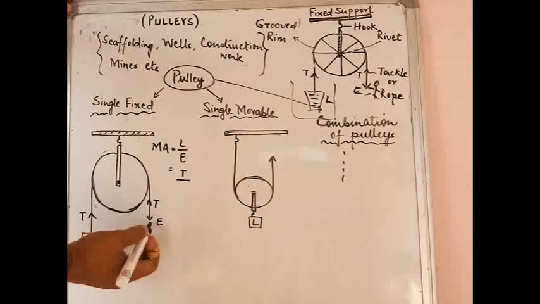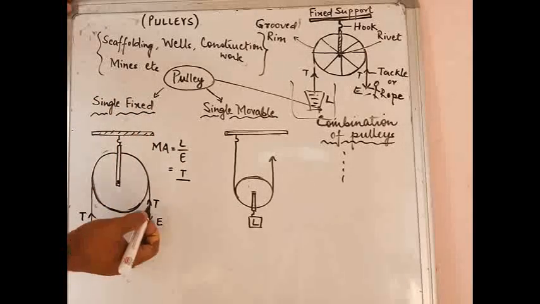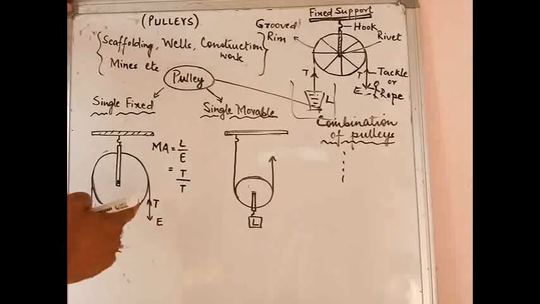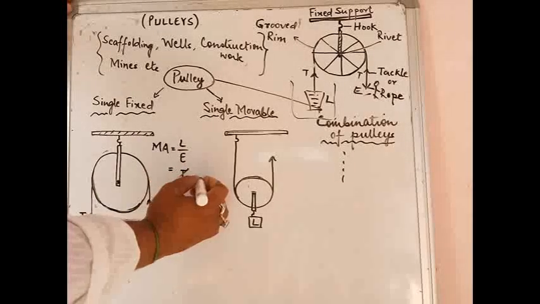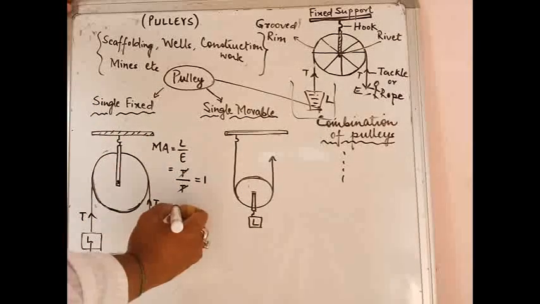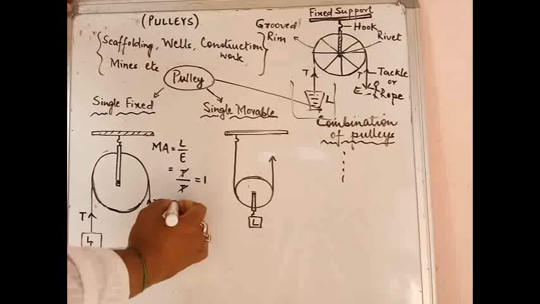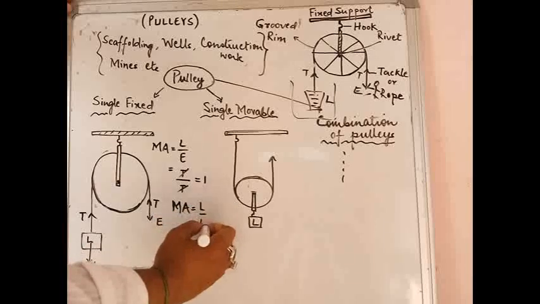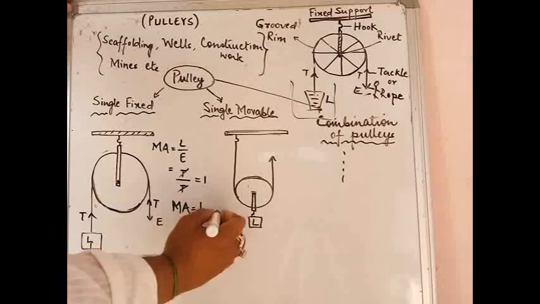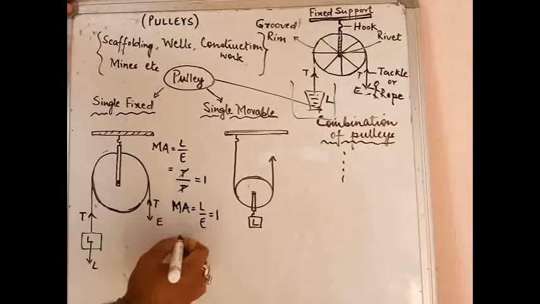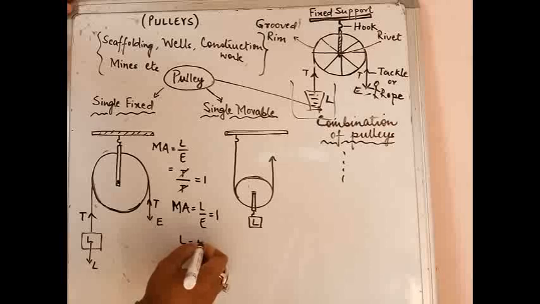Similarly, this is the effort side, so effort also is equal to a single T. As you can see, T and T get cancelled, so you get a mechanical advantage value of 1. Now what does this mechanical advantage 1 mean? We see that mechanical advantage is equal to load upon effort, and its value has come out to be 1. So E goes that side, cross multiply, L becomes equal to E.